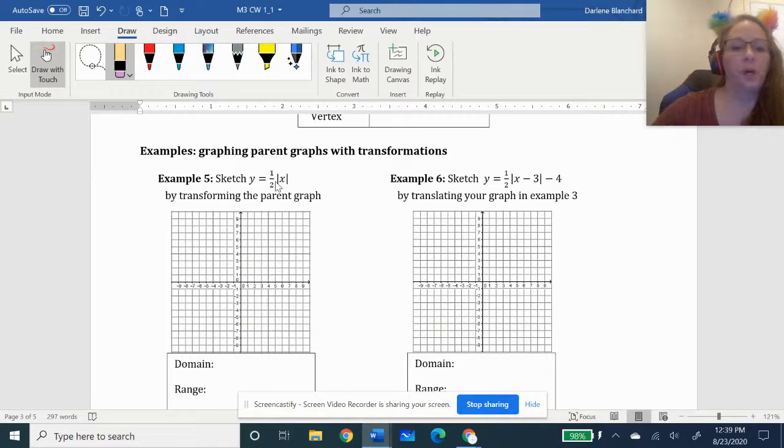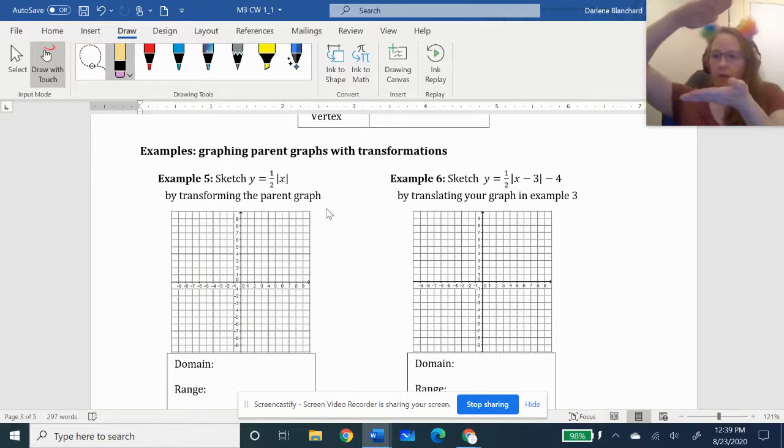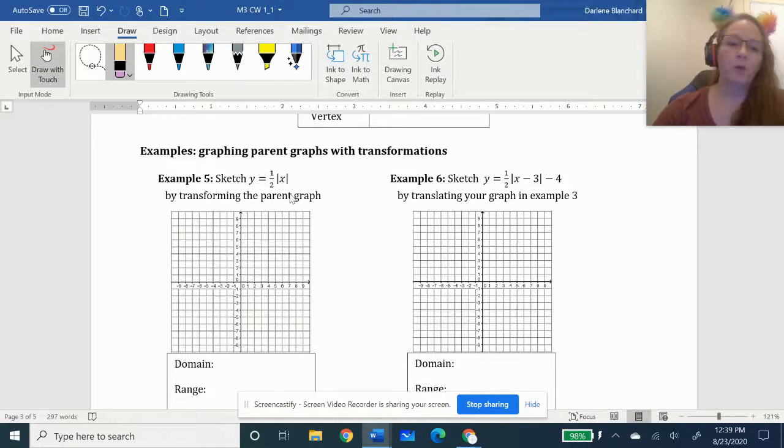When you multiply the function by a number, you are taking the y values and squishing them down or stretching them out. The thing with the multiplication to the function itself is it does exactly what it seems like it's going to do.